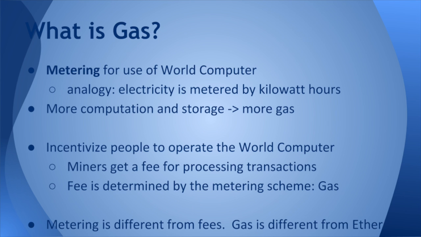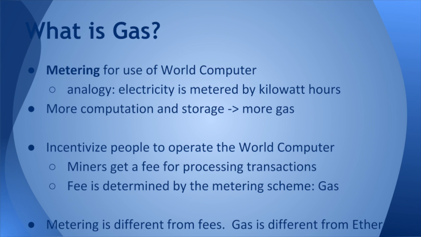So this talk is about gas. The important thing about gas is it is metering for use of the world computer. As an analogy, electricity is usually metered by something like kilowatt hours. In Ethereum, more computation and storage will cost more gas.